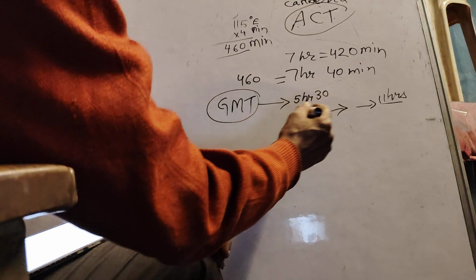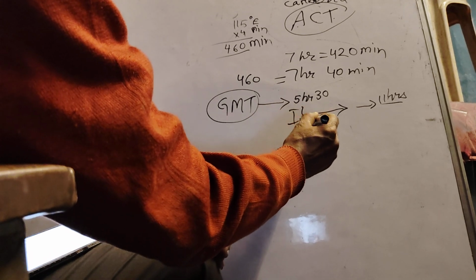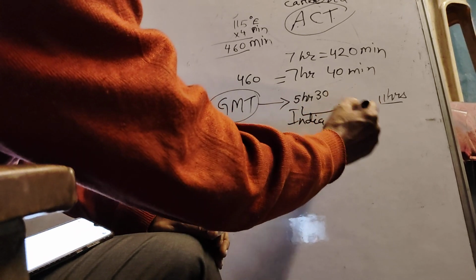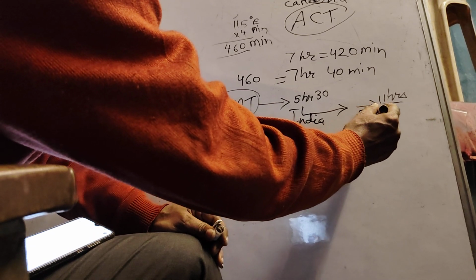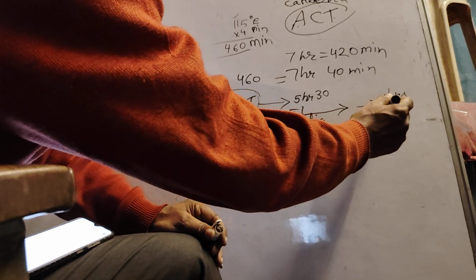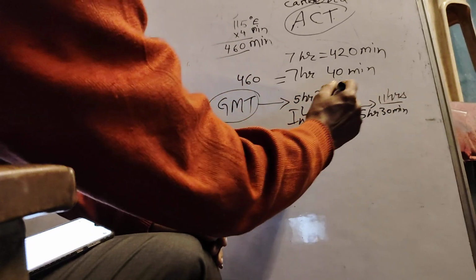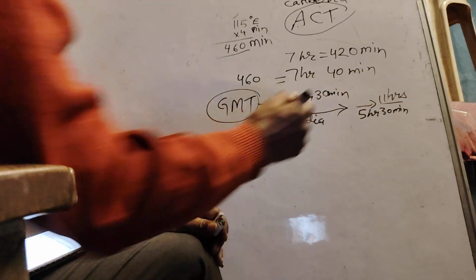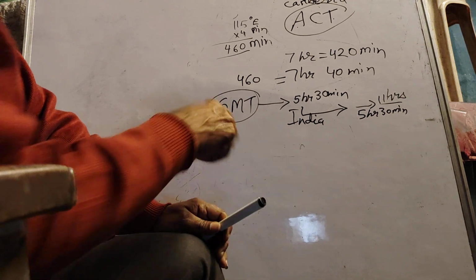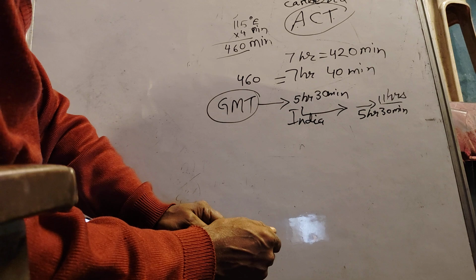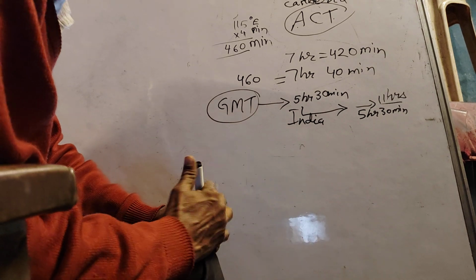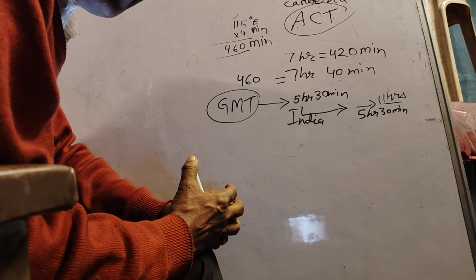5 hours 30 minutes from India. This is India time, and India is again behind Australian time by 5 hours 30 minutes. So total 11 hours. From 11 hours, London time is behind, and the total time is divided into 12 hours. We divide into a 12 hour day.